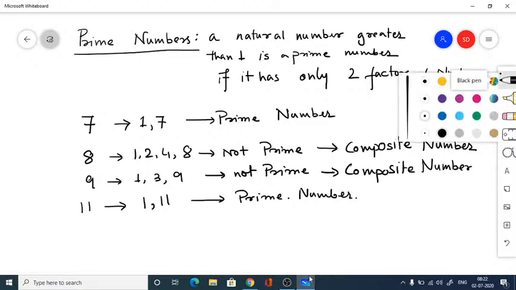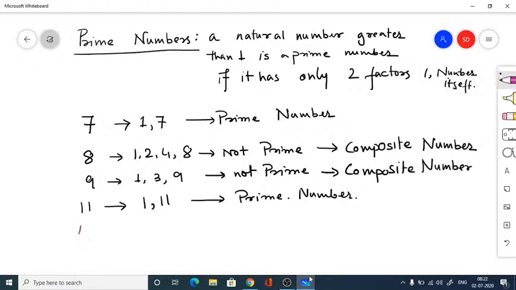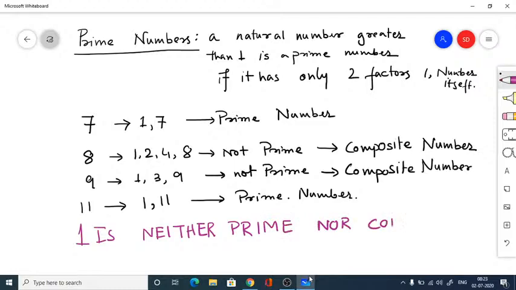Very, very important. 1 is neither prime nor composite. So it does not belong to either of them.